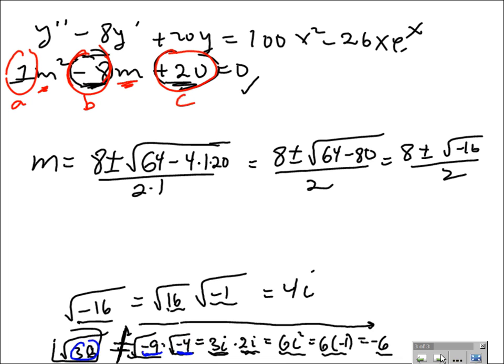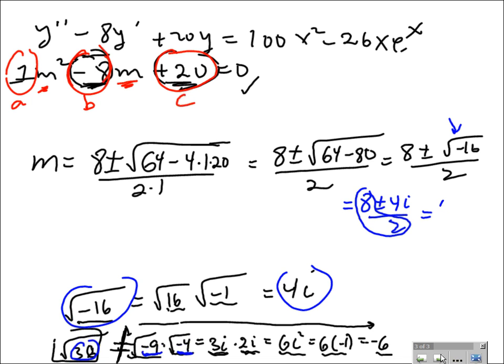Okay, so back to our problem. The square root of negative 16 is 4i. So I have 8 plus or minus 4i over 2. Well, 8 over 2 is 4, plus or minus 4i over 2 is 2i. So that's my a, that's my b.